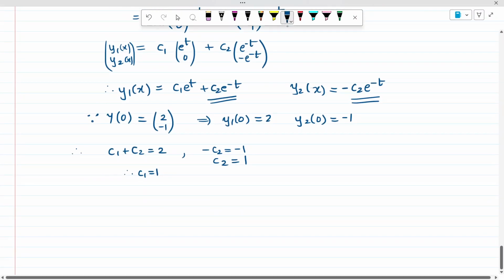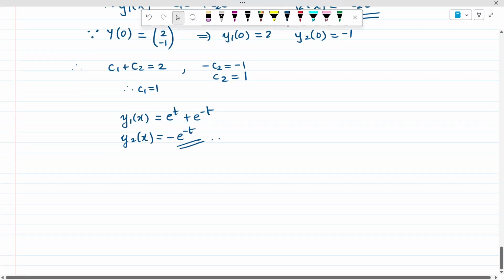So now my final answer with y1 is e raised to t plus e raised to minus t, and y2 is negative e raised to minus t. This is your answer. Okay, so don't forget the initial conditions.